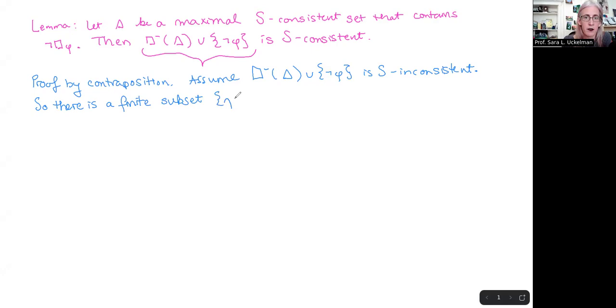Let's just say it's gamma 1 all the way up to some gamma n of the box minus of delta, such that in S, we are able to prove that you can't have a conjunction of all of the gammas and not phi. So that's our assumption. So step one.